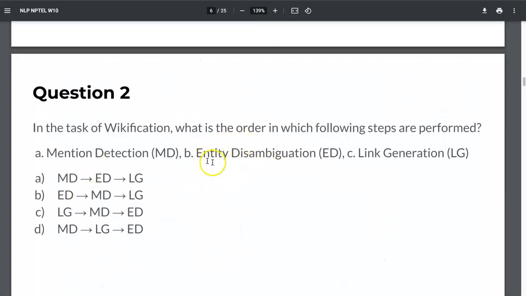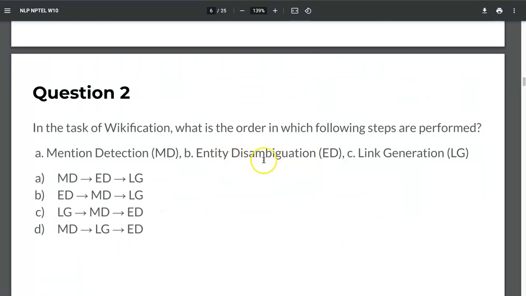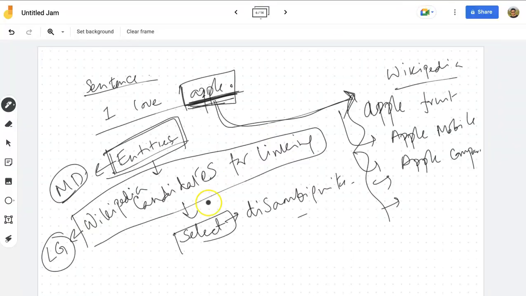What is the next step? The next step cannot be entity disambiguation, because entity disambiguation will be at the end. In between there will be link generation. For each of these entities you will generate the possible list, and at the end you will do entity disambiguation, which is ED.